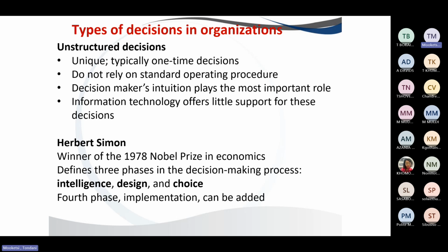If we think about a business deciding whether to open a new store in a foreign country. So let's say Pick and Pay is looking to expand its operations, and they need to decide if they can go into a new market like Mozambique or Botswana, as an example.